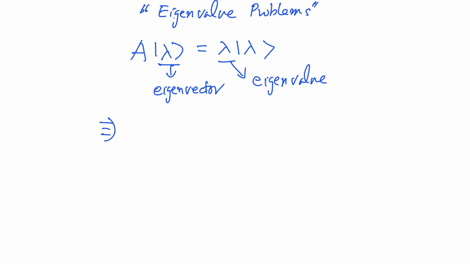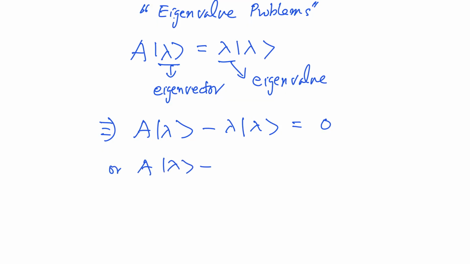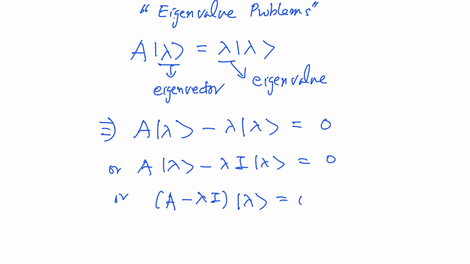We actually change this problem in this way. A x minus lambda x is 0, right? Or A x minus lambda times I matrix times x is 0, right? Or A minus lambda I, times x is equal to 0.